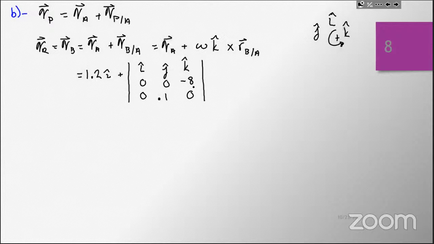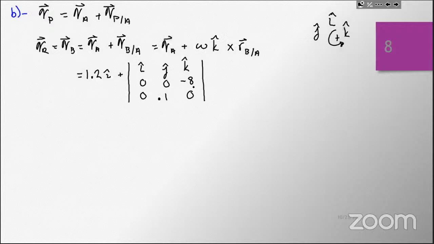Sorry, I cross J. Positive K. We can cover it up. Okay. We have I cross J. Positive K. We would add these. Right. So we're left with what here? Well, we're left with positive 0.8. Right. That's what's left here.